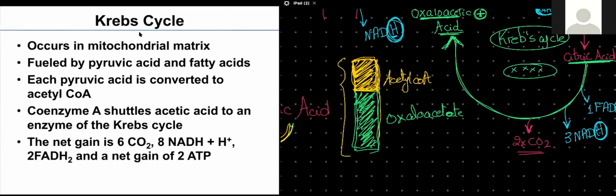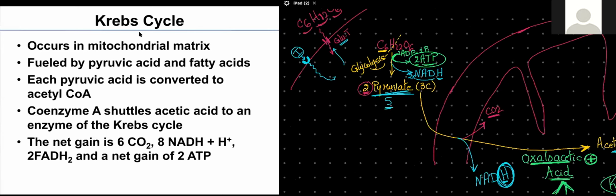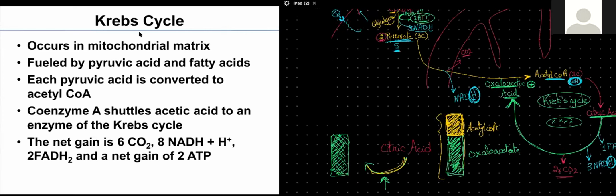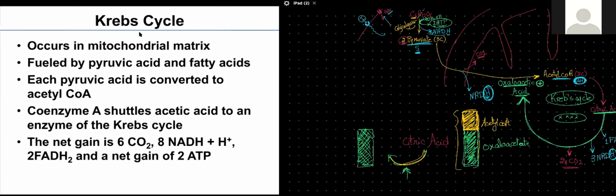So you've got the 5 hydrogens that we started with from each pyruvate. How many Krebs cycles are you going to be carrying on for each glucose? What do you think? How many Krebs cycles would I have for each glucose?